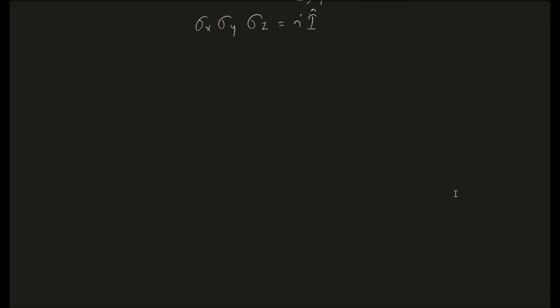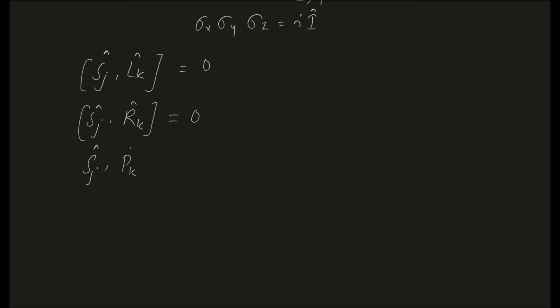So you can write the commutation between Sj and Lk is equal to 0, the commutation between Sj and Rk is equal to 0, and the commutation between Sj and Pk is equal to 0, where j and k can have values x, y and z.